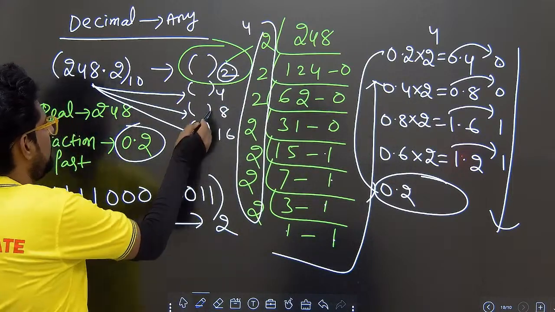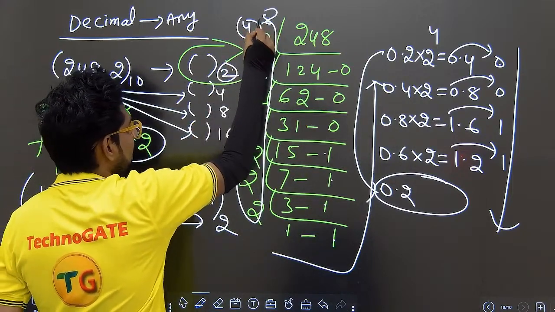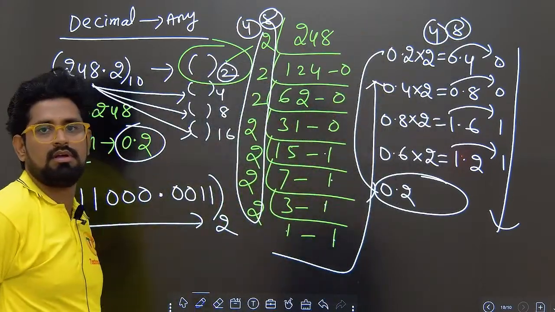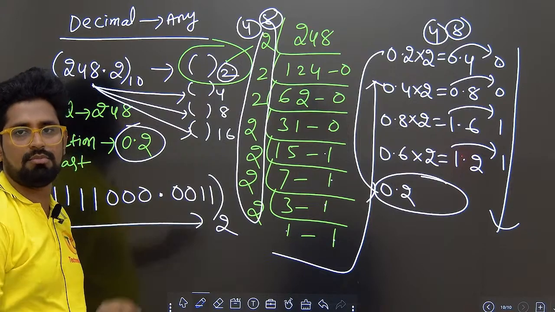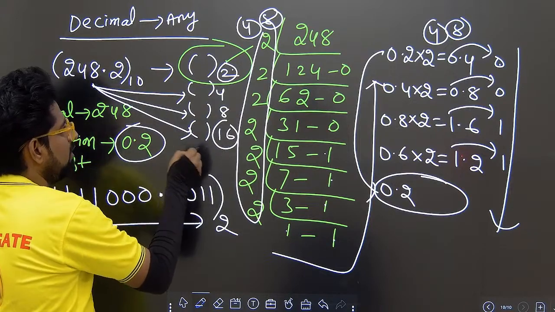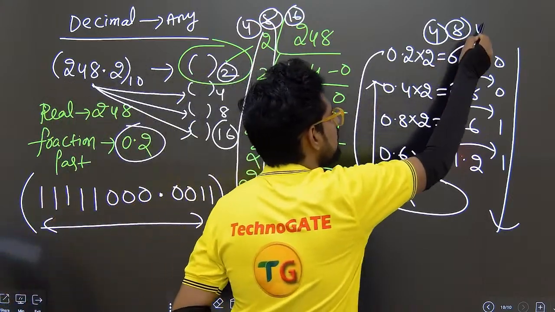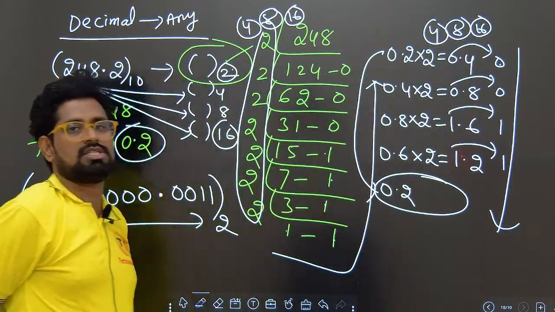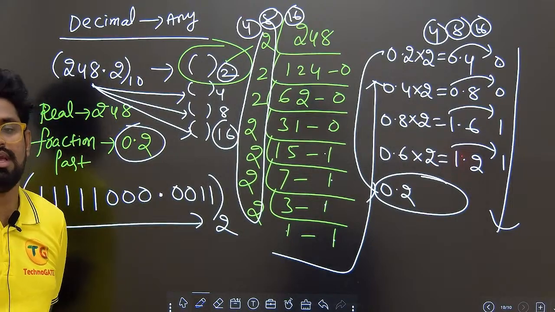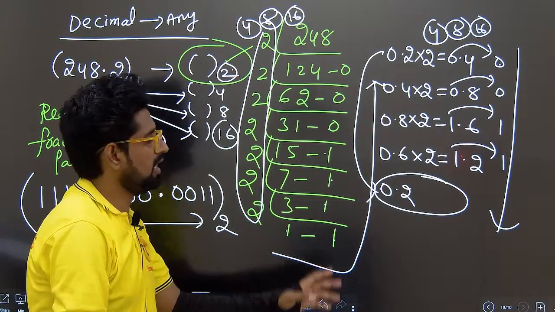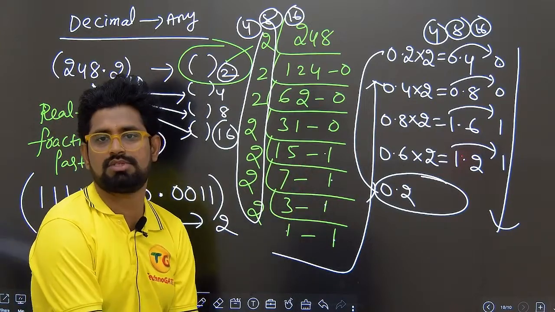If converting into 8, the division and multiplication should happen with 8. If converting into 16, they should happen with 16. Try to clearly observe the rule. Read the rule one or two times, then you will be able to solve any kind of problems.